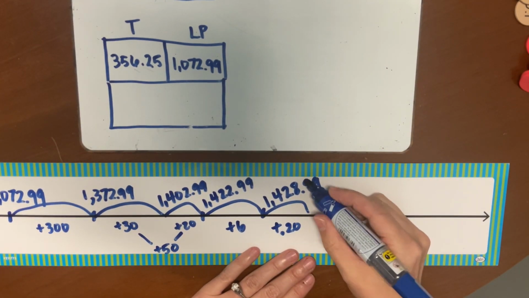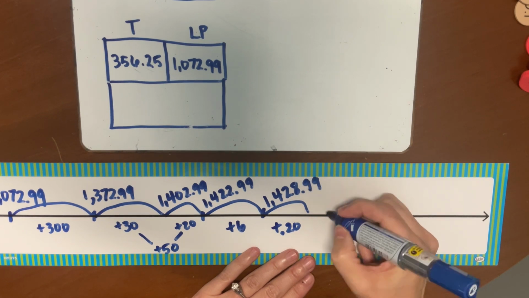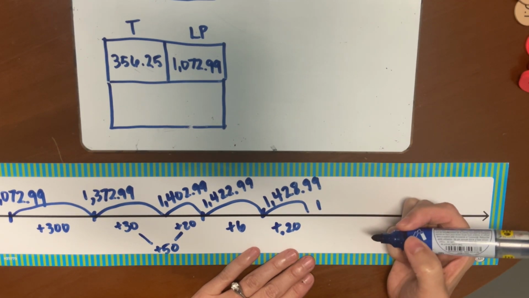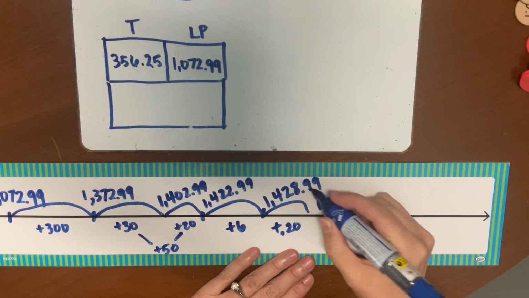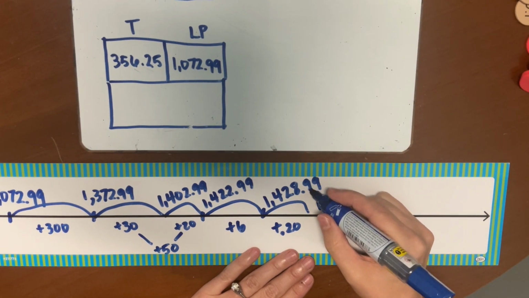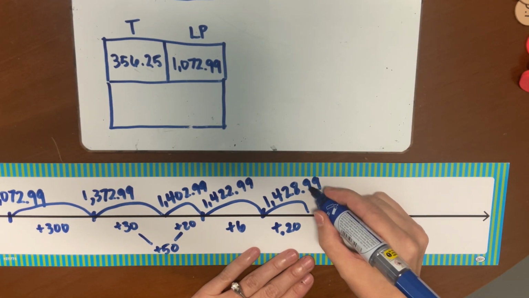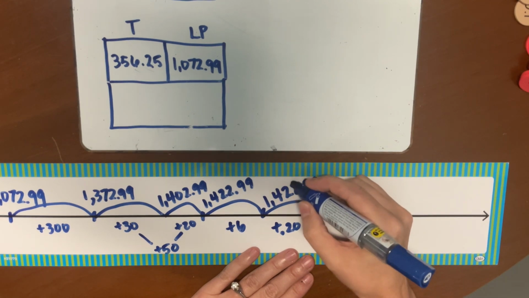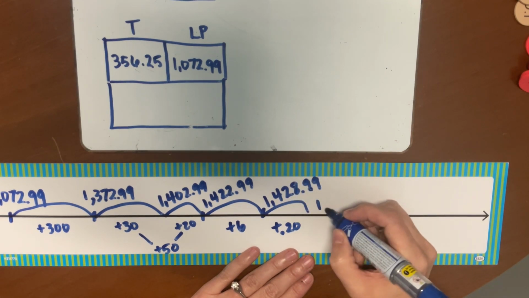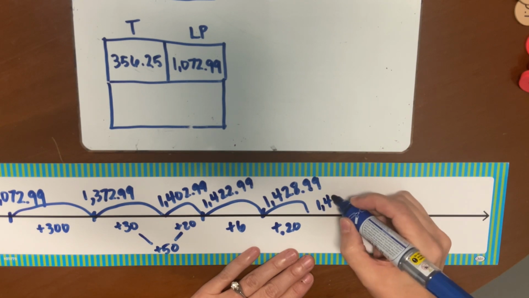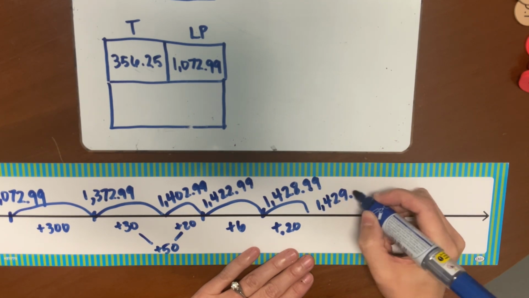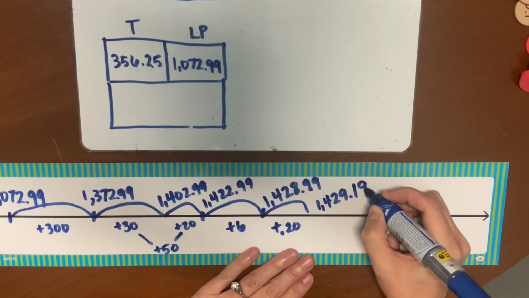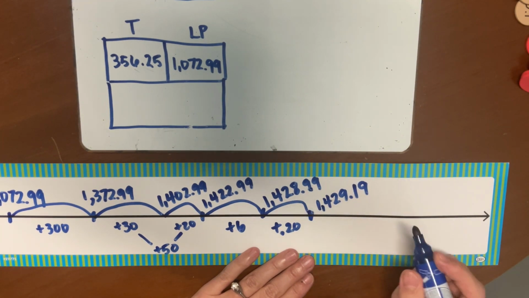Well, if I do 2 tenths, I'm going to have one left here, because 9 plus 2 is 11. So one left here, and that would be trading a 1. So I think I have $1,429.19, I think is where I'm at there.